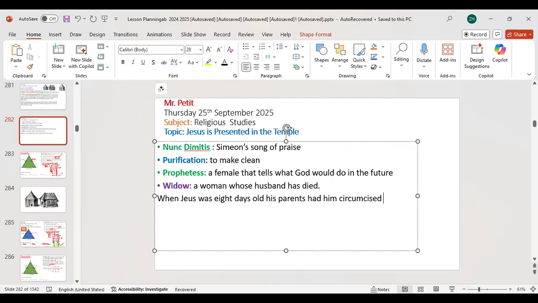Circumcision is something that all the Jewish boys had to do. And not only was he circumcised, but he was named as well. So they put him in the official name book.